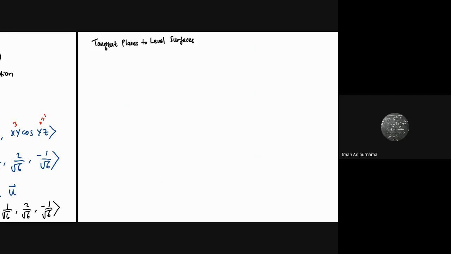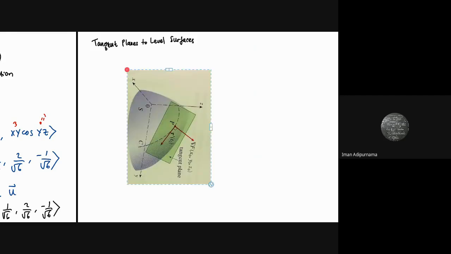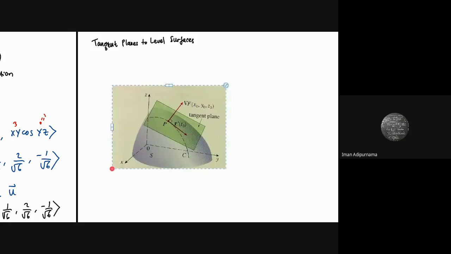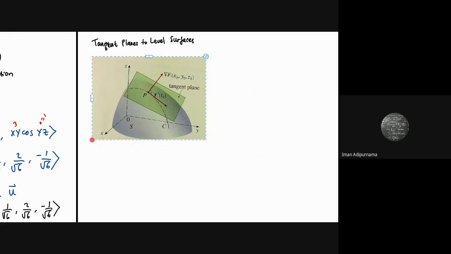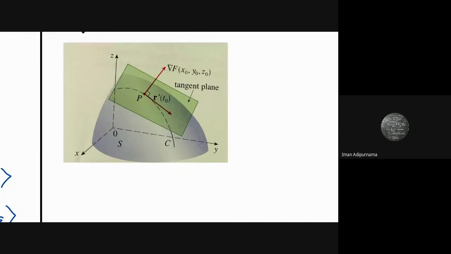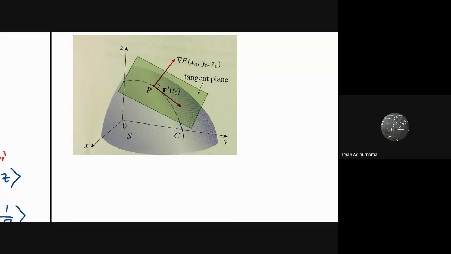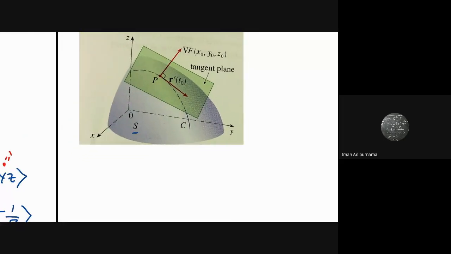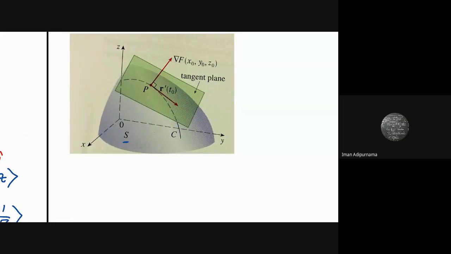So let me put the picture first. Okay. So from what we have discussed before, we know that if this blue one, S, is our surface, at some point P we can make our tangent plane.